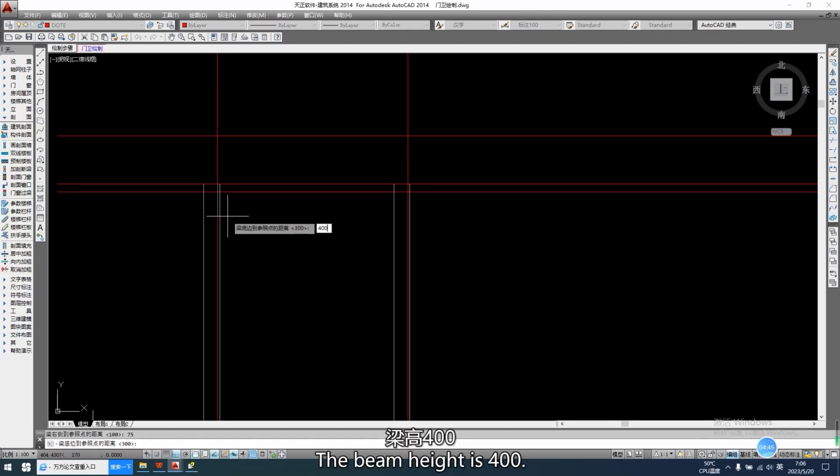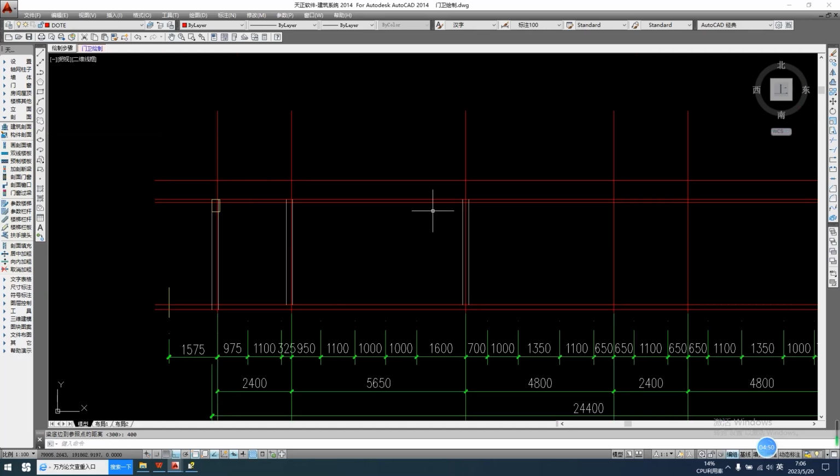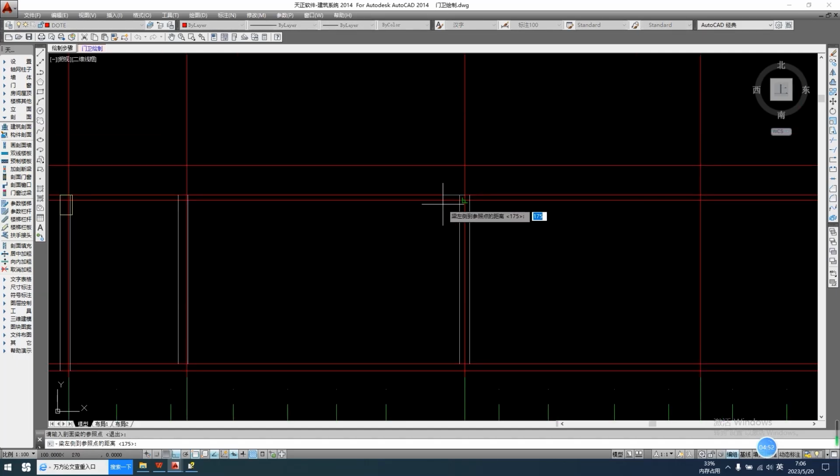The beam height is 400. The middle beam on the left side is centered without eccentricity.